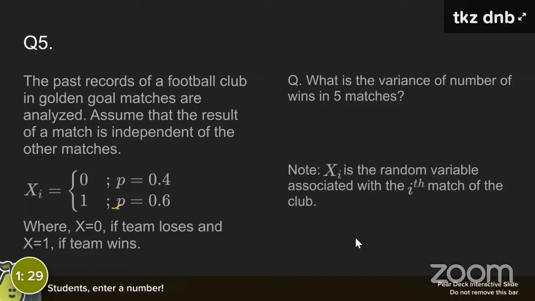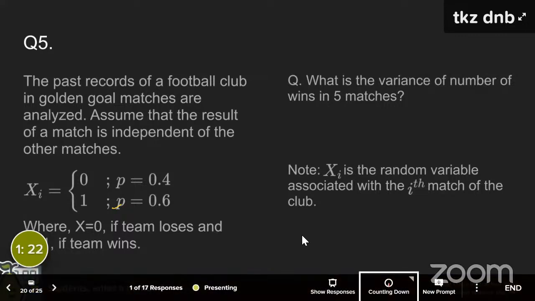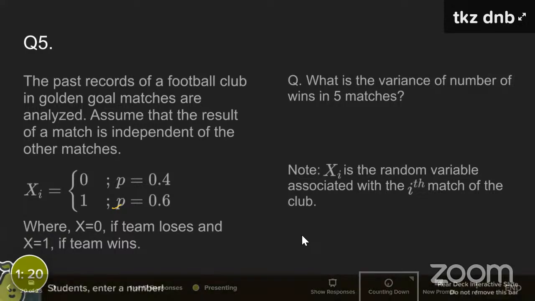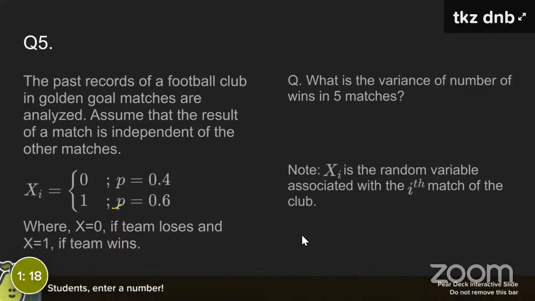Can the answer be 0? Yes, sometimes variance can be 0, no doubt, but generally for a constant random variable it happens.